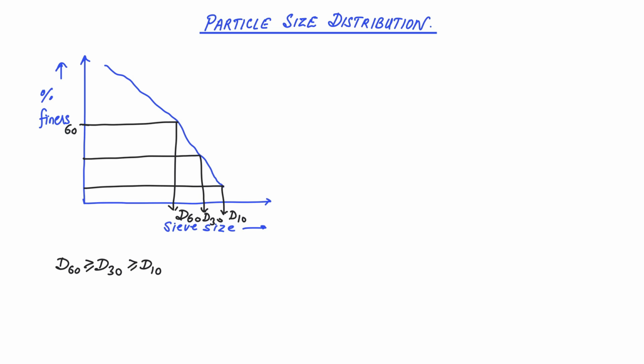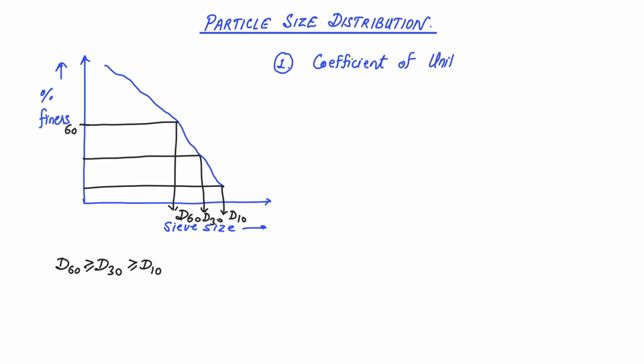Now, it is not always preferable to look at the graph to understand how well graded or poorly graded the soil is, so we defined two different coefficients. The first coefficient that we defined is the coefficient of uniformity.